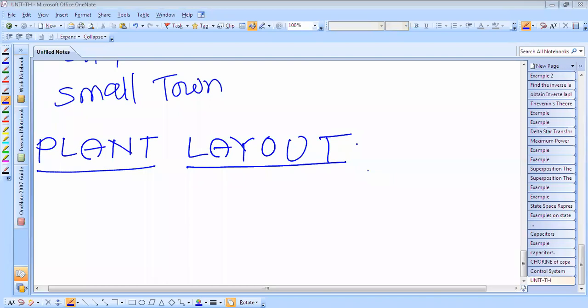The machine should be at the proper place, the raw material should be at the proper place, and machinery, tools and workers should also be at the proper place.